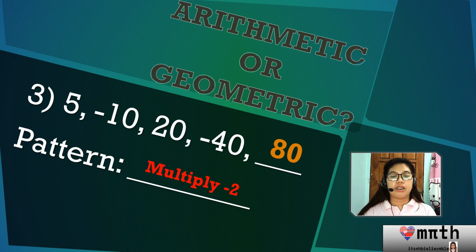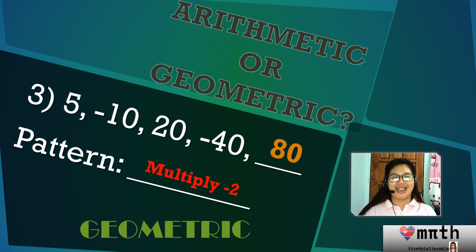In order for us to get multiplying by negative 2, we need to divide the second term by the first term, which is negative 10 divided by 5, and that will be negative 2. Meaning to say the common ratio is negative 2, and since we have a common ratio, therefore we have a geometric sequence.